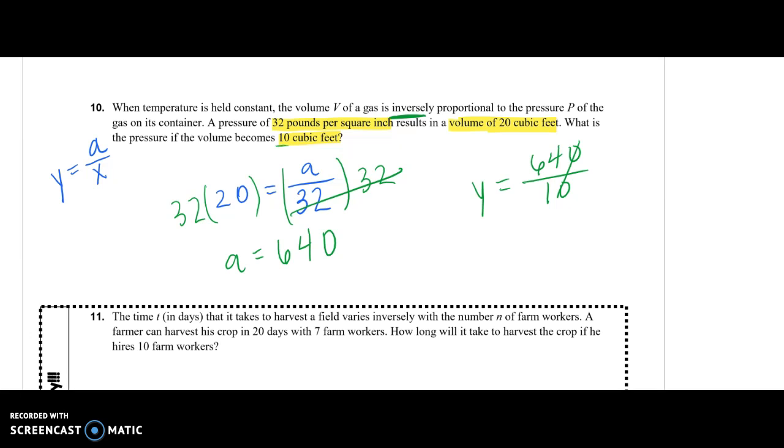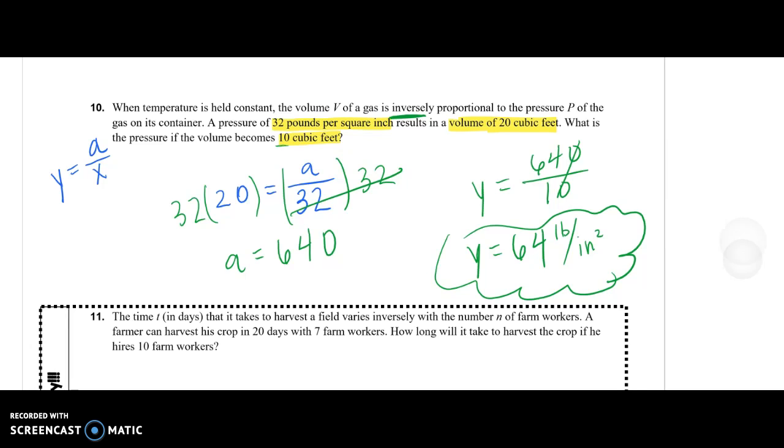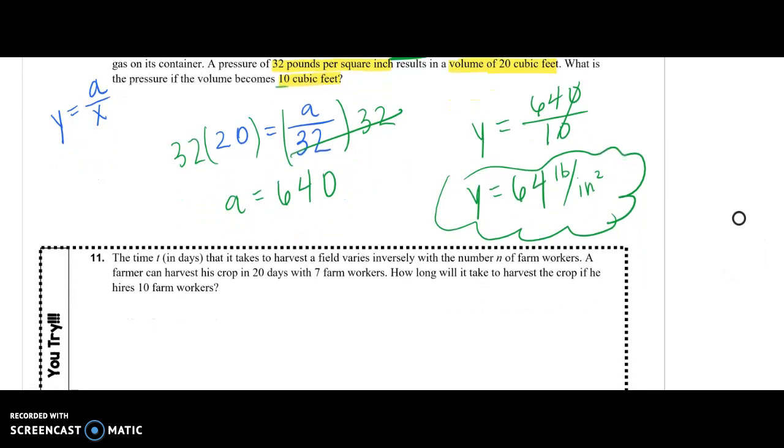Zeros cancel out. Y equals 64. And the 64 represents the pounds per square inch. So pounds over inches squared. And that is our answer. Go ahead and try and do number 11 on your own. It's a similar problem. And that's it.